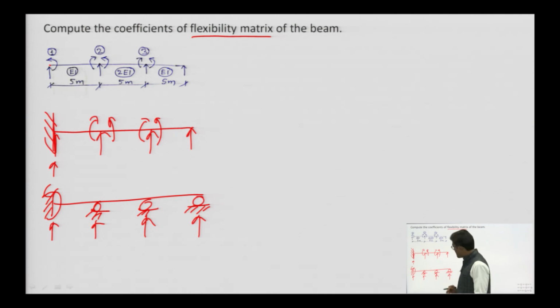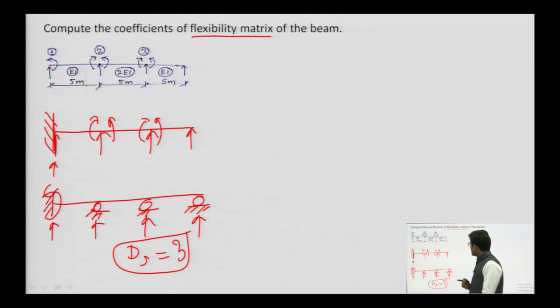If we neglect the horizontal reaction, the static indeterminacy for this beam is 3. So we need to take 3 redundants in this beam to find all support reactions. That is why we have taken this as redundant 1.